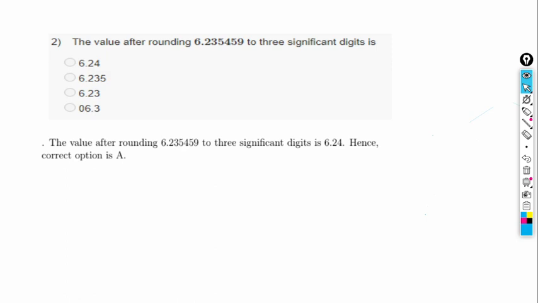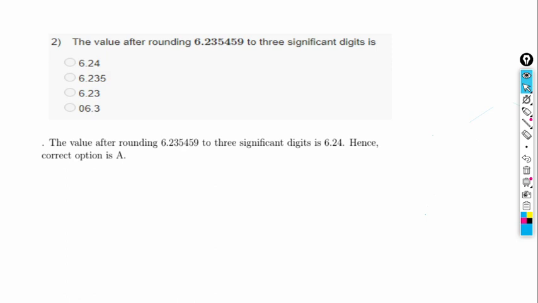Let's move to the next question. Now the question says that if the exact value 3.141 is approximated by the value 3.14, then the relative error in the approximation is. So you need to find the relative error.